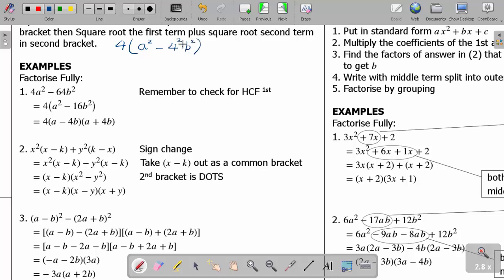Now because all of these have got a square, I can write them as 4 into a squared minus 4b bracket squared. Now if you check here, I have a difference of two squares here.